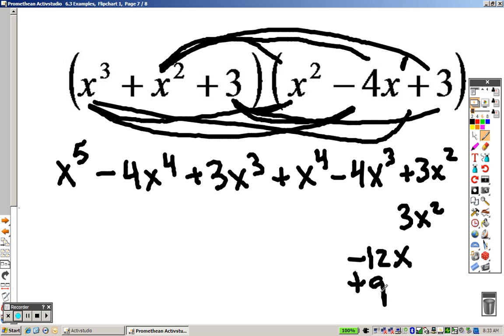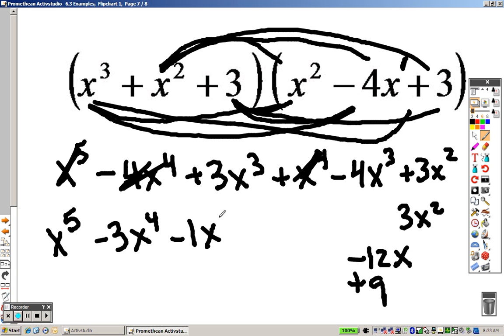So let's just add everything together. There is no other x to the 5th, so that's gone. We have negative 4x to the 4th and an x to the 4th, so that's negative 3x to the 4th. Cross those out. 3x cubed and negative 4x cubed is negative 1x cubed.